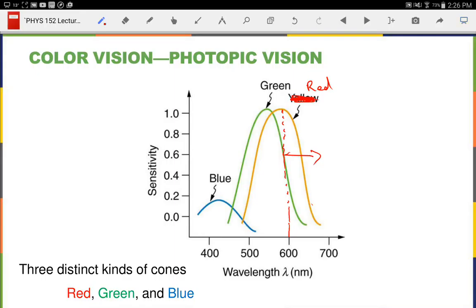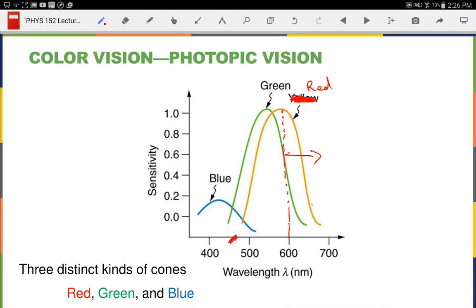So the red, yellow, you can see there's fundamentally two ways of looking at it to decide what you're going to call it. But that cone will respond to a range of colors. You can see that that red cone will respond from somewhere around 450 nanometers out to somewhere around 750 nanometers. That's pretty close to the entire range of colors that we can see.